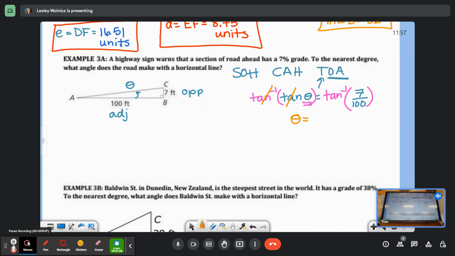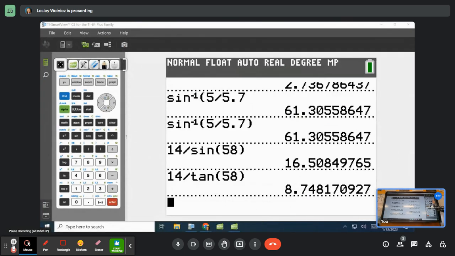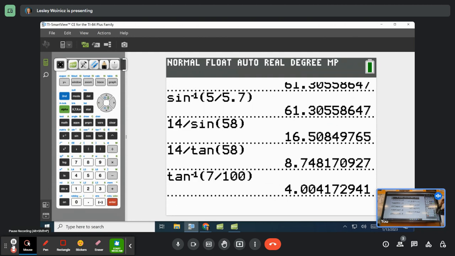On my calculator, I can do inverse tangent of 7 divided by 100. Your calculator doesn't care whether you give it the ratio as a decimal or a fraction. It's not particular. I got 4.